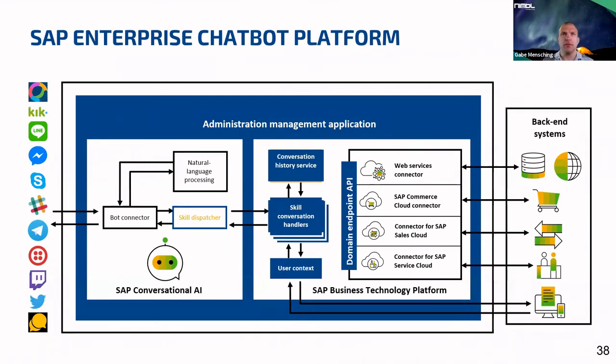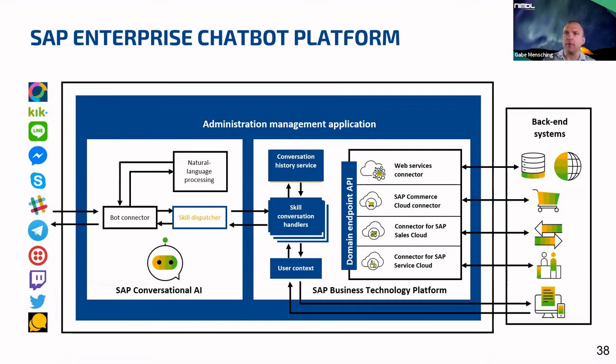So the conversational AI and chatbot platform and the business technology platform, you can see here, is all connected to all of your backend systems that exist in the PCE environment. So you have your backend systems, they're connected by various connectors like the SAP Cloud Connector and web services connectors, hitting these different APIs in the backend systems, all coming into that business technology platform and interfacing with the conversational AI product.